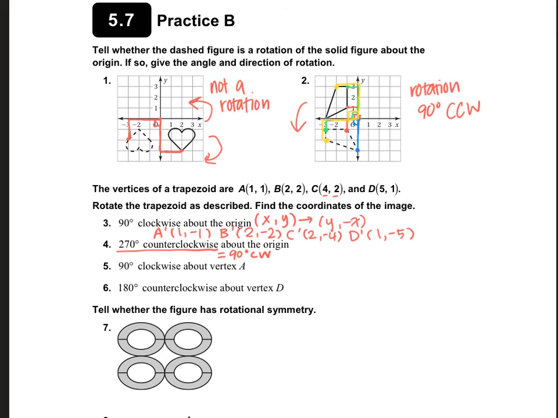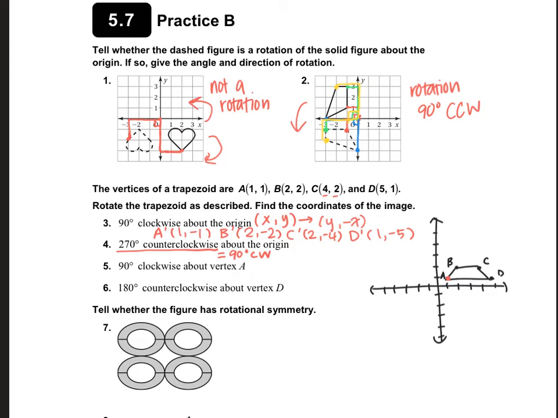For the next 2 questions, I am going to draw the figure and then try to move them on the graph. So I drew the trapezoid ABCD, and I'm going to go ahead and rotate them 90 degrees clockwise about vertex A. That means my point A is going to be the point that you pin, and then you rotate the other ones around.